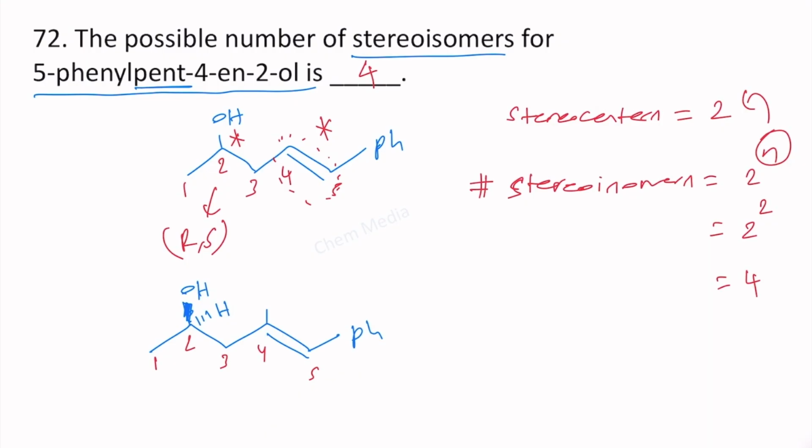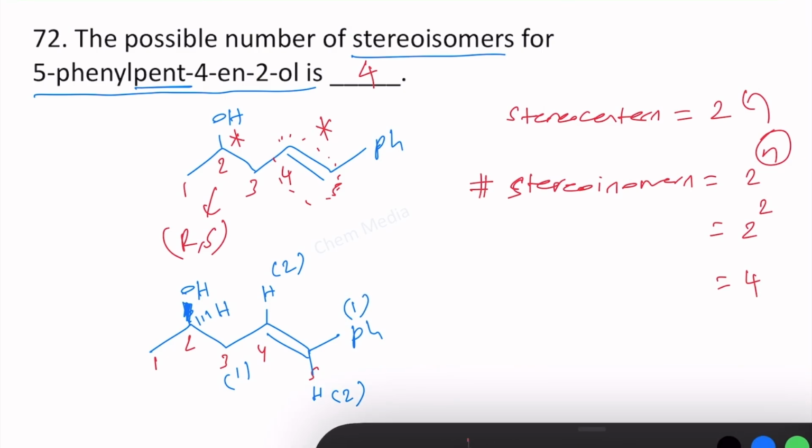So we have hydrogen here, as per Cahn-Ingold-Prelog rules. If we assign the priorities, then hydrogen will get the least priority, carbon will get the most priority because the atomic number of carbon is higher than the atomic number of hydrogen. So here our least priority is on the opposite side.